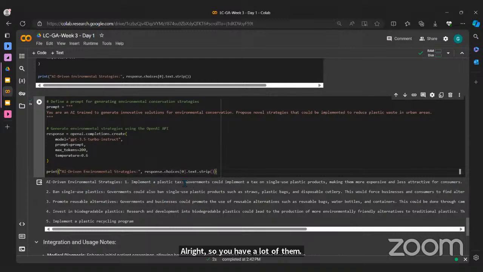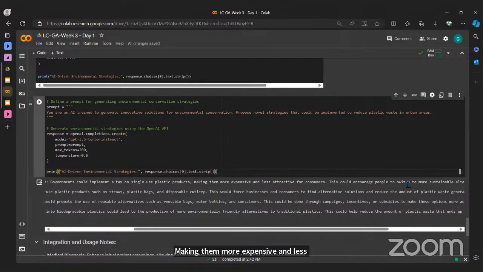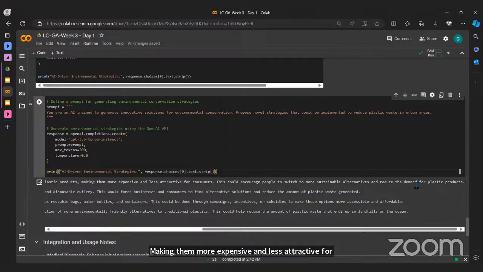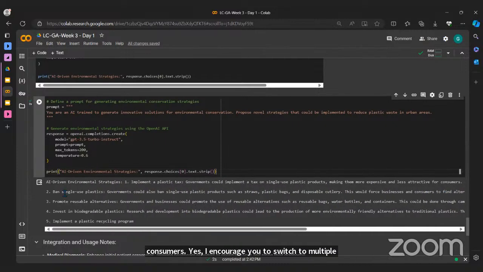Implement a plastic tax. Governments could implement a tax on single-use plastic products, making them more expensive and less attractive for consumers. This could encourage people to switch to more sustainable alternatives and reduce the demand for plastic products. Ban single-use plastic, promote reusable alternatives, invest in biodegradable plastic.